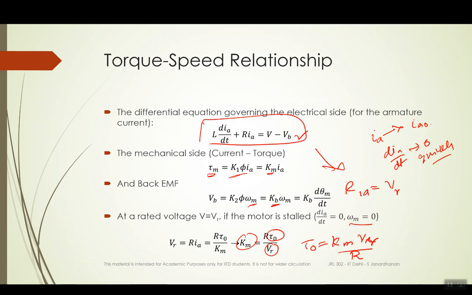However, if you analyze this again when Vb is not 0, you would end up with the relationship R times Ia. Okay, let's go to the next slide and do that.